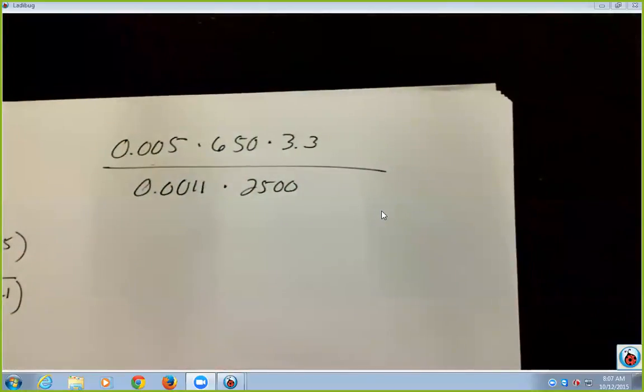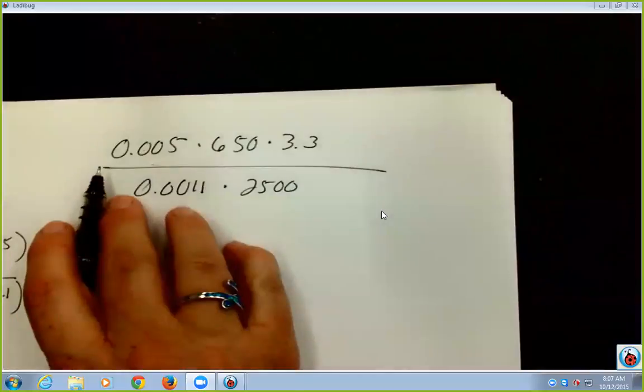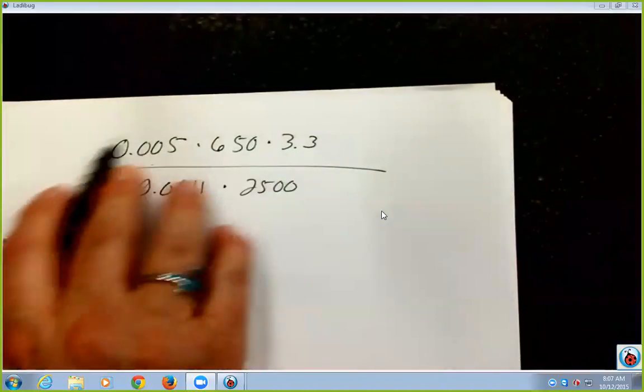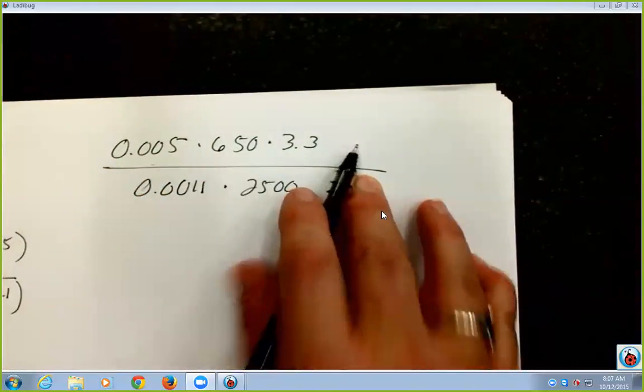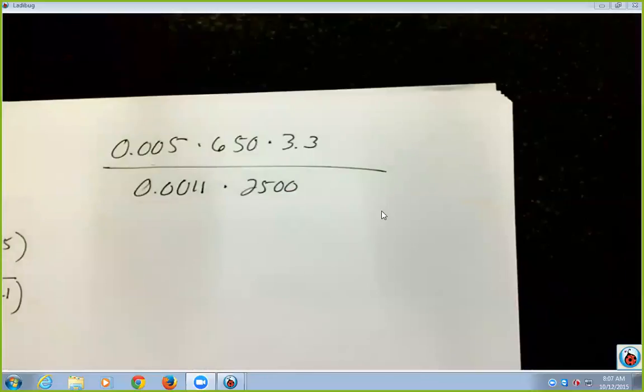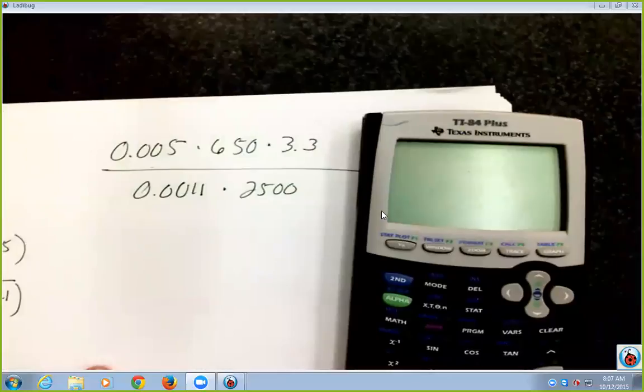Now your calculator will handle this. In Hawks it says turn on scientific notation, but your calculator will handle that. So if you take this whole top part, put on your calculator. Okay? So if we did that and not turn it into scientific notation, we can end up getting that for our value.